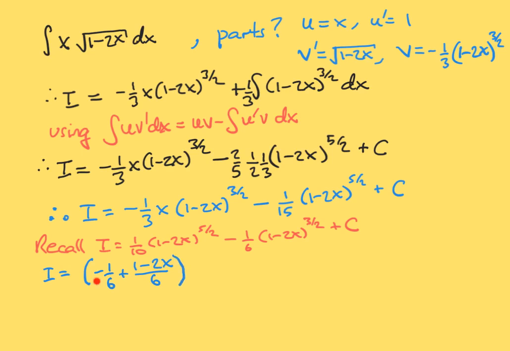And this thing, which looks a little bit complicated, is a way of rewriting minus 1/3 x in such a way that we're just going to have powers of 1 minus 2x. So this is a way of writing this, and it's multiplied by 1 minus 2x to the 3 halves.